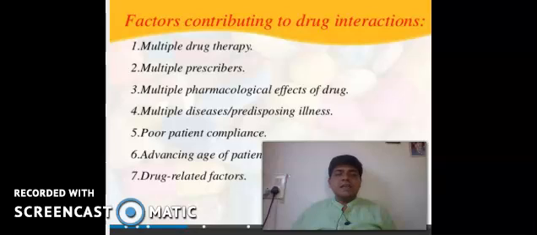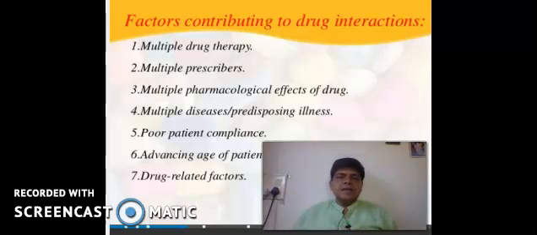Then multiple prescribers: sometimes Ayurvedic, homeopathic or allopathic prescribers prescribe drugs with their own views, and many times this affects drug interaction.